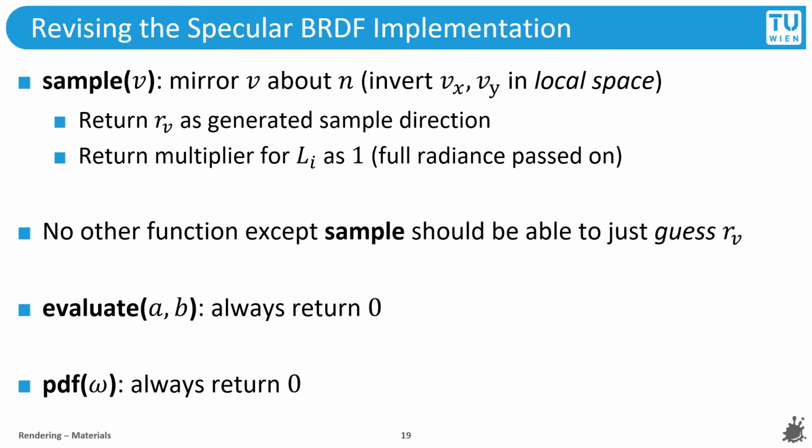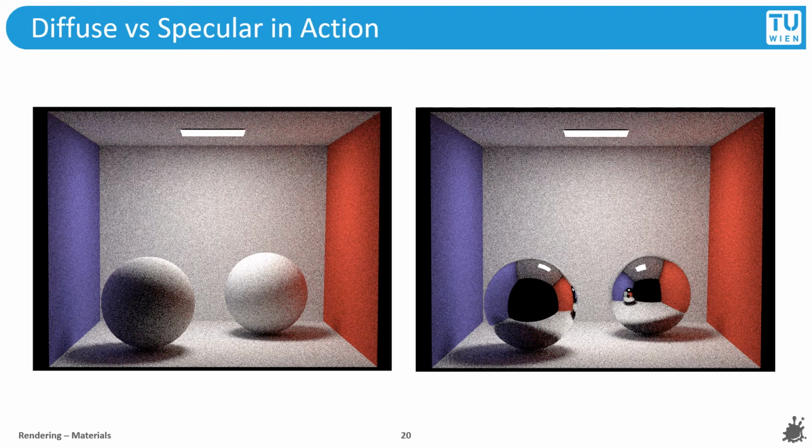We will also assume that no function other than sample can simply guess the perfect reflection direction. This makes things easier in code for us because we can simply ignore the infinity values and just always return 0 for the evaluation of BRDF directions and the PDF alike.